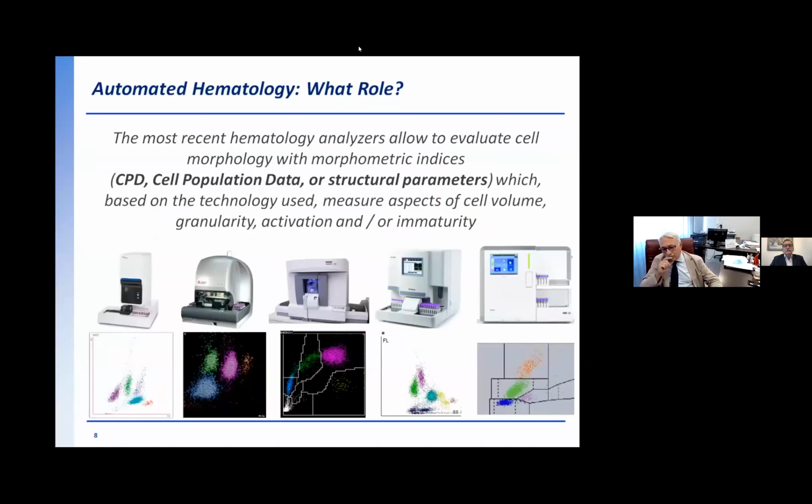So automated hematology plays a very important role. That is a set of the main types of equipment, as you can see, Siemens and the others, and each one of them uses different types of technology. And we have therefore checked, and there are many studies that really highlight the importance of morphostructural parameters that can be of help in an early diagnosis of sepsis.